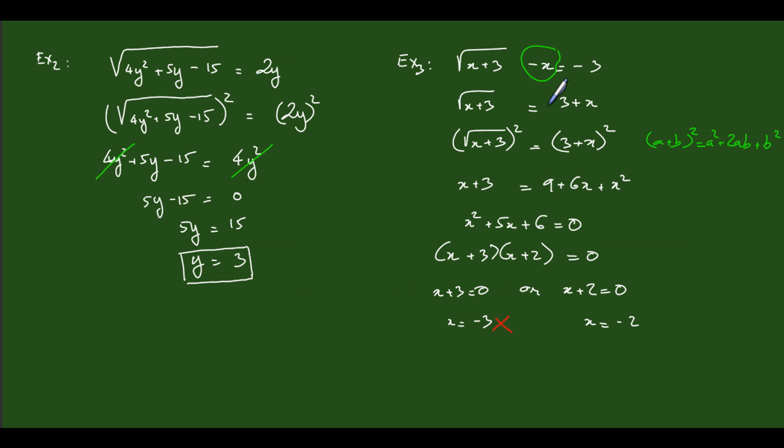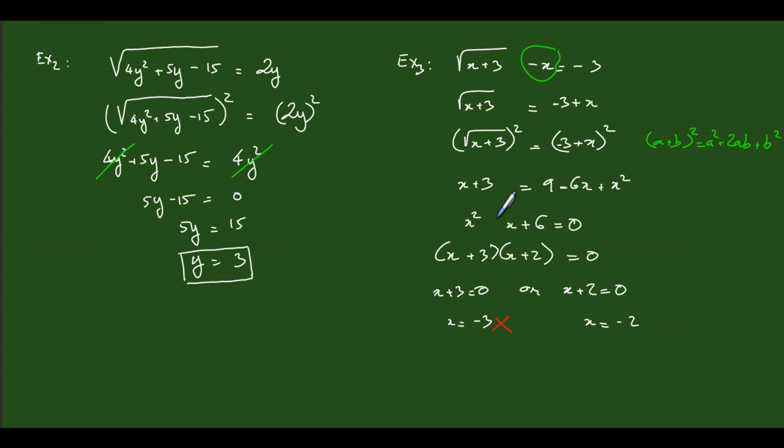Oh yeah, I messed up right here. I'm sorry, guys. So it's negative 3. That's why it's negative 3 here. So the answer is going to be negative 3 here. So negative 3 gives you negative 7x.